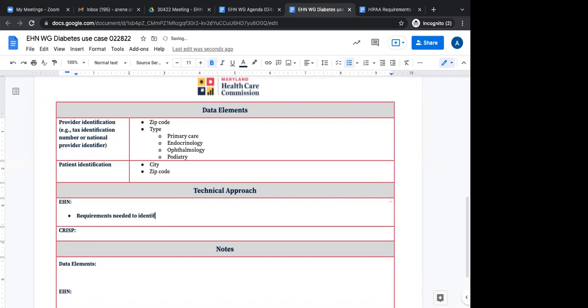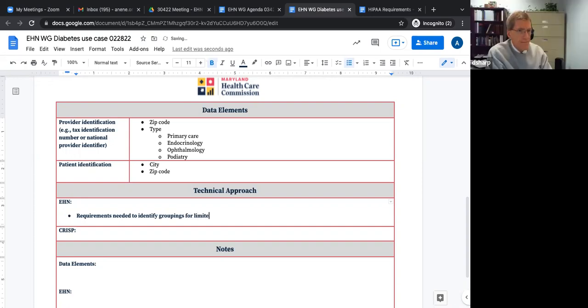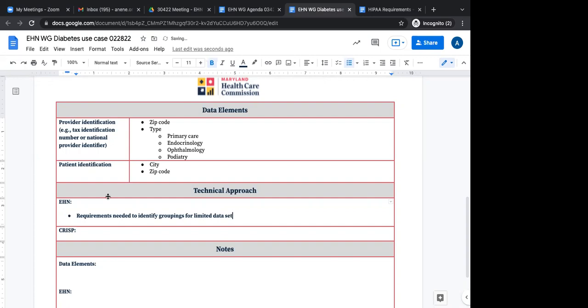That's why I say we need a specific set of requirements in order to be able to pull the actual data. We've got ICD-10 and CPT codes. What are our date ranges? There are several other requirements we would need in order to pull the subset and then de-identified data.